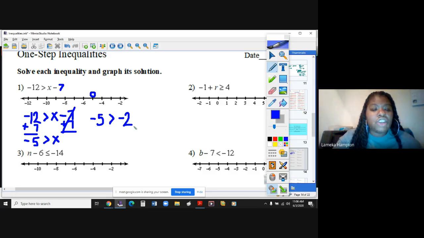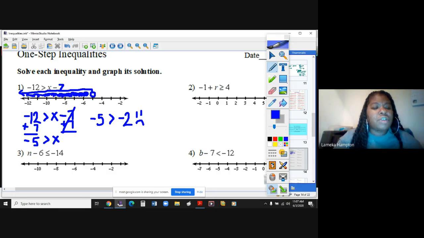So 2 would actually be greater, but this is not a true statement. So I'm going to give it a sad face because that's not true. That means any number to the right of negative 5 would not be true. So my arrow is going to go to the left, and all my decimals, fractions, and negatives are going to be a part of the solution.